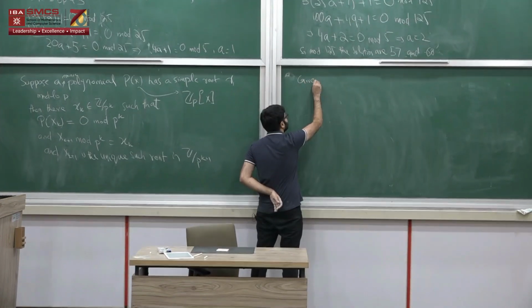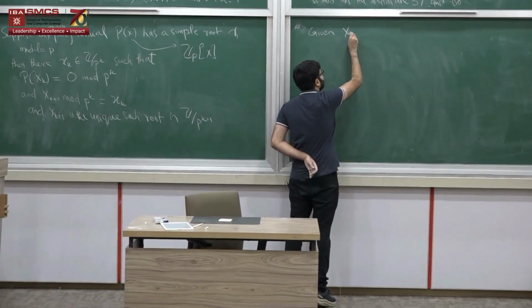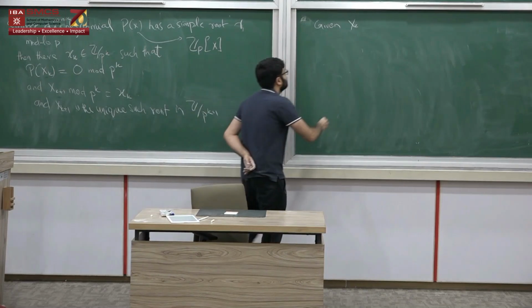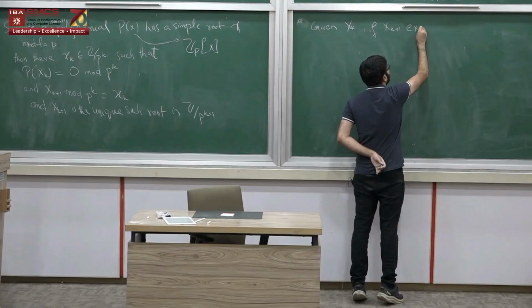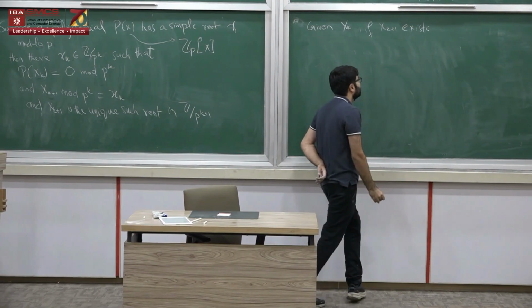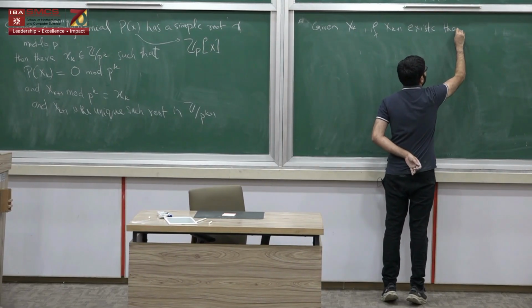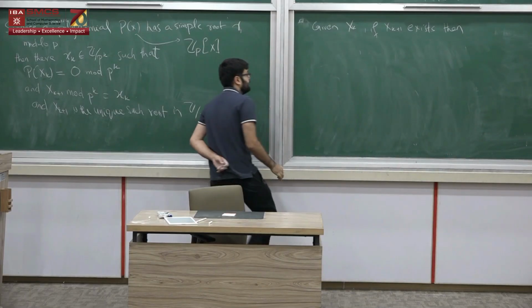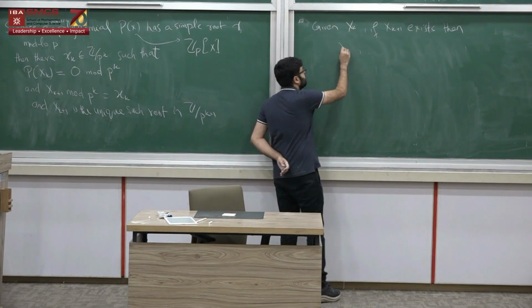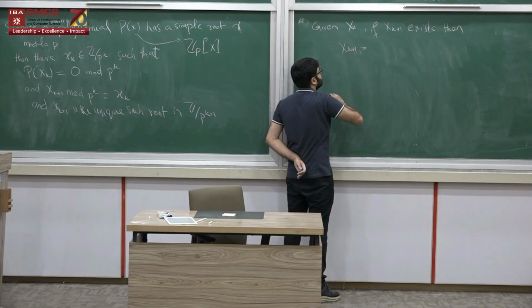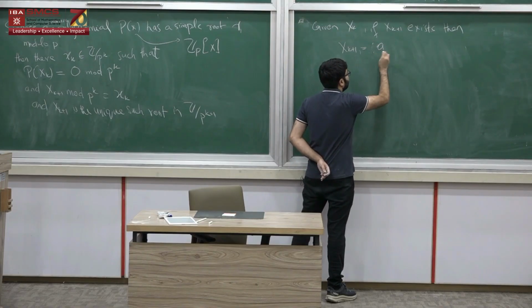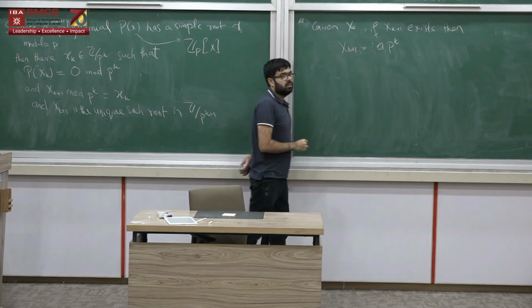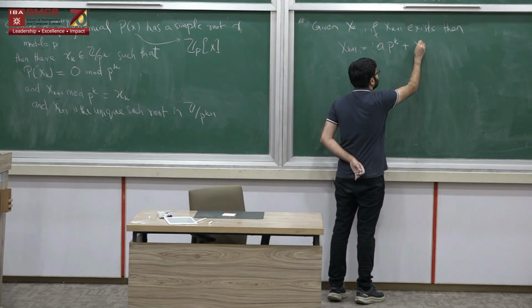Okay, so given xk like this, if xk plus 1 exists, then xk plus 1 will take the form p times a times p to the k plus xk.